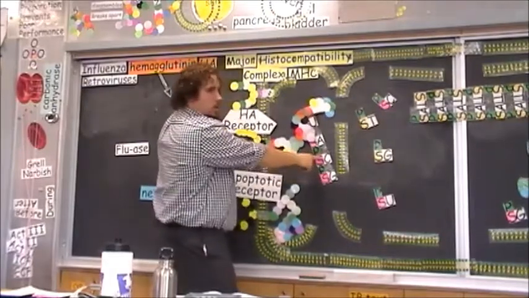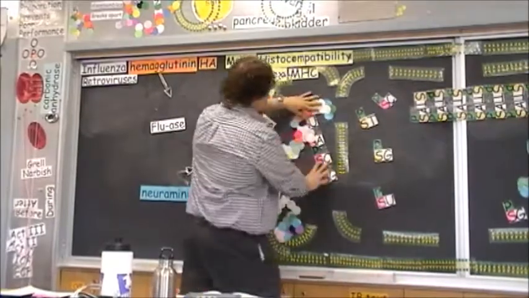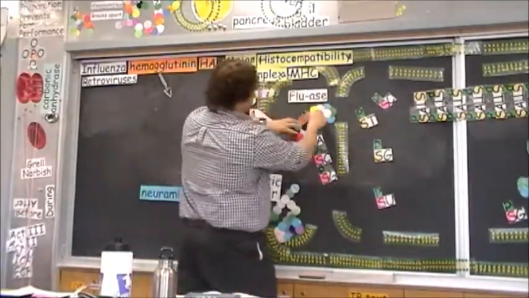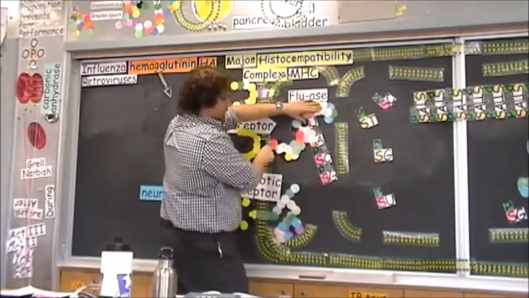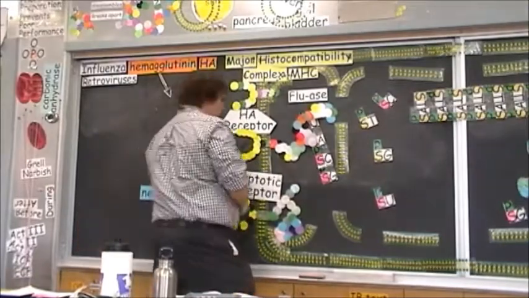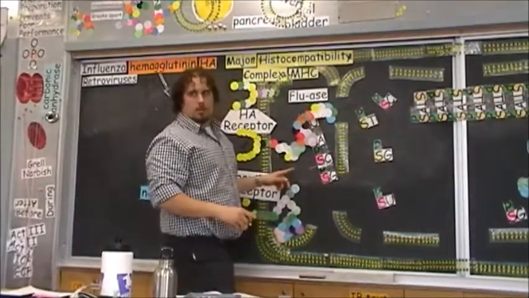Is this RNA or DNA? This is viral RNA. We have the fluase, this enzyme right here attached to the viral RNA.